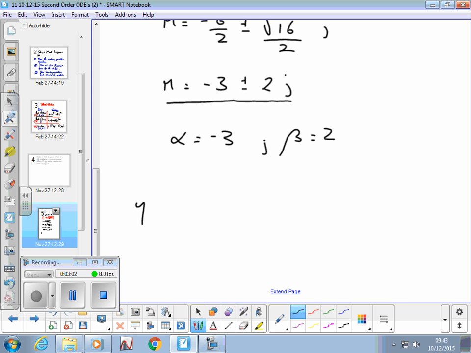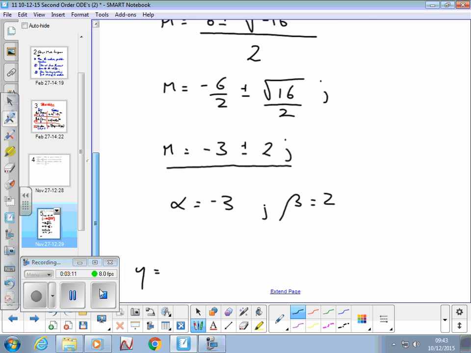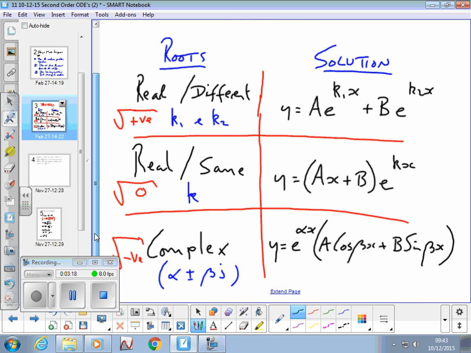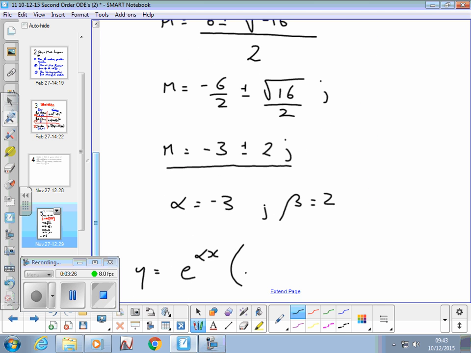Y equals e to the alpha x and then we've got a trigonometric term inside. We've got a cos beta x plus b sine beta x. And beta is 2. And that's our general solution.